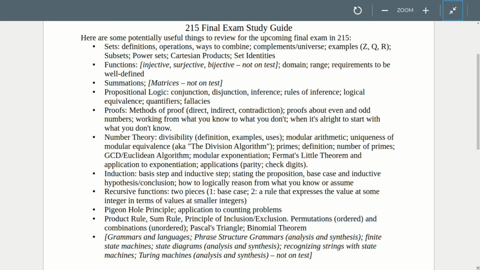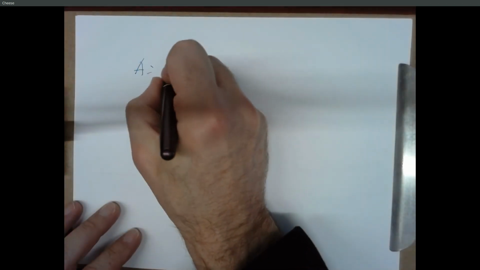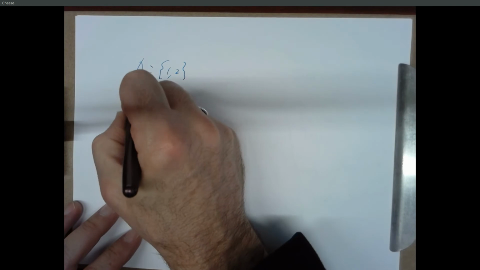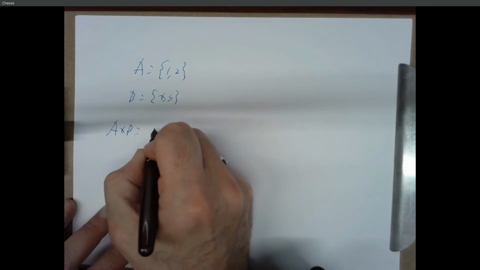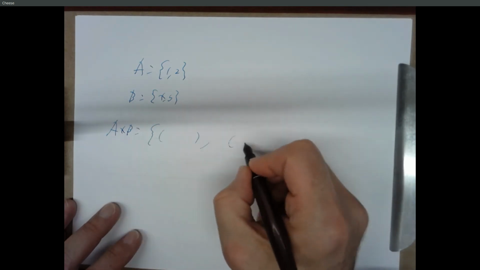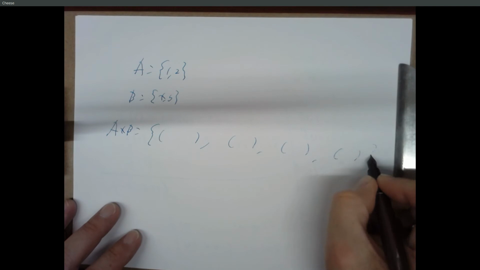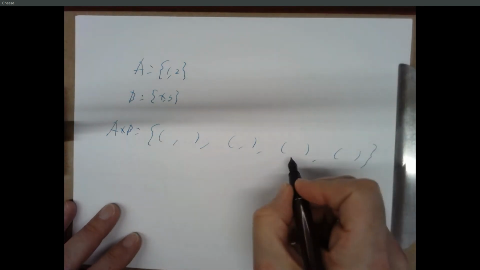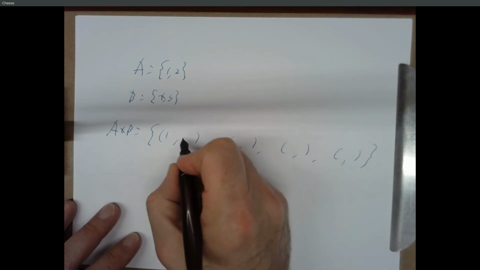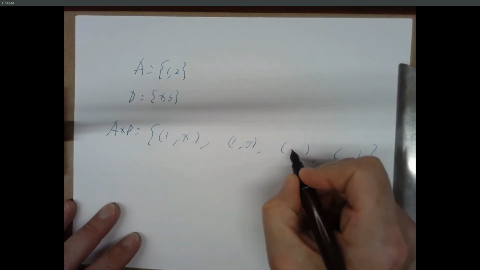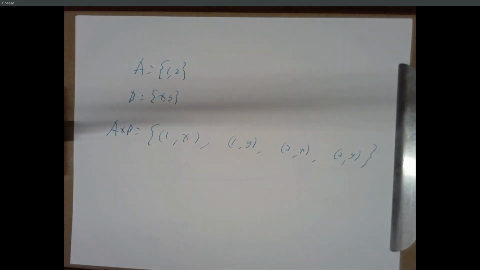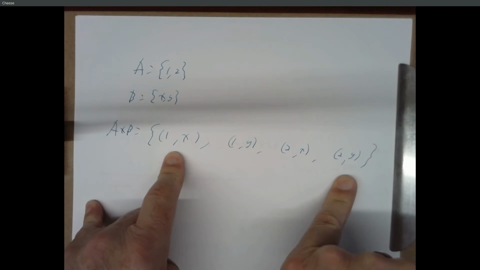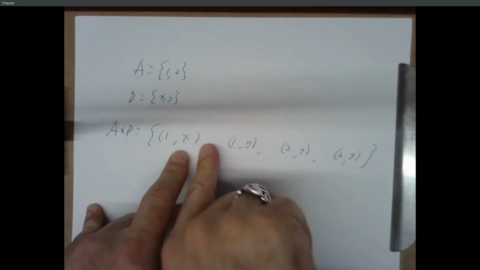So if you have a set like A equals 1 comma 2 and B equals x comma y, then we can take the Cartesian product and it's a set of tuples, where the first thing comes from A and the second thing comes from B. And so the Cartesian product here would have 4 elements, which are these 4 ordered pairs, right? First thing comes from A, second thing comes from B.